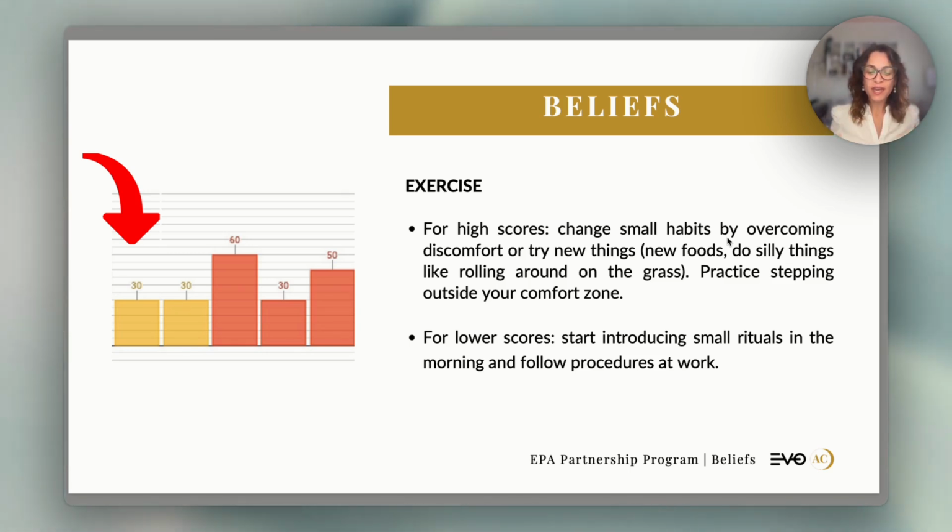So you want to encourage them to step outside their comfort zone and to do things they would never do otherwise, because their system is so rigid that it will not allow them. If you have a lower score, you want to bring in a little bit of consistency and structure. So you might use a small ritual in the morning, and you might use procedures, protocols, check-ins, directives, instructions and follow-ups.